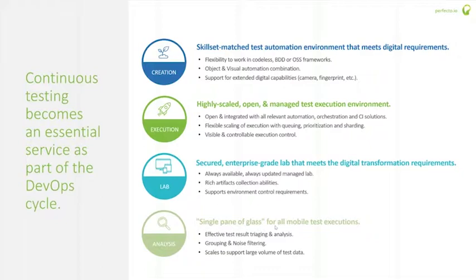And finally, as mentioned in the previous slide on the analysis, you need one single pane of glass. As part of continuous testing activities, you are going to get a lot of test artifacts from different frameworks and environments. You need to have one single view of the quality of your applications.